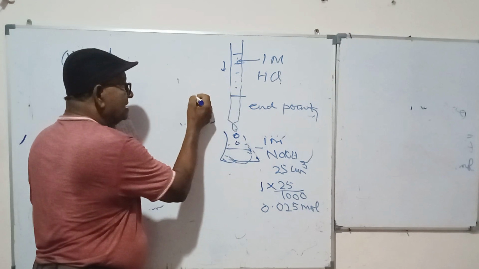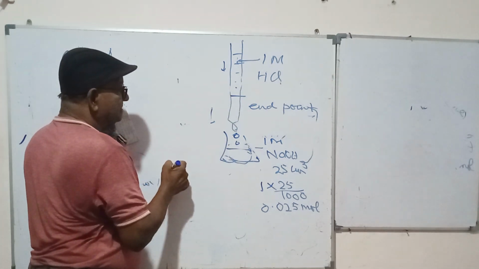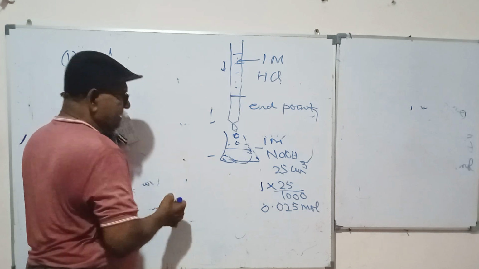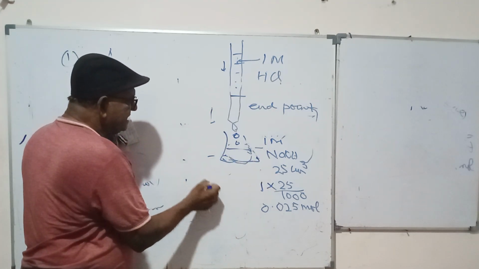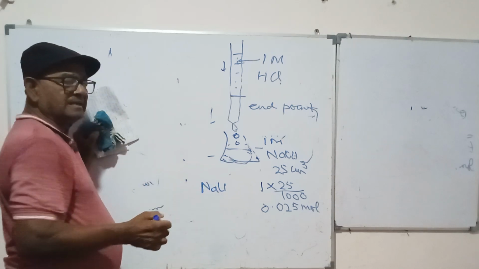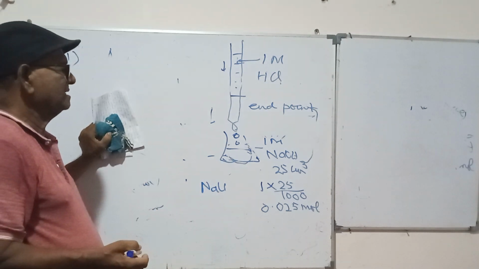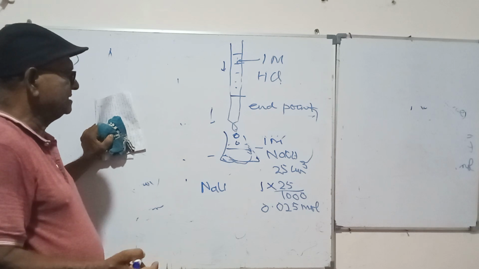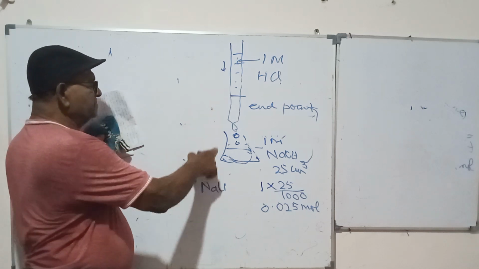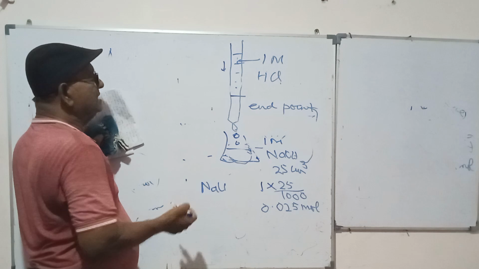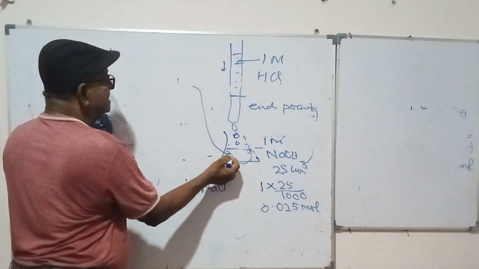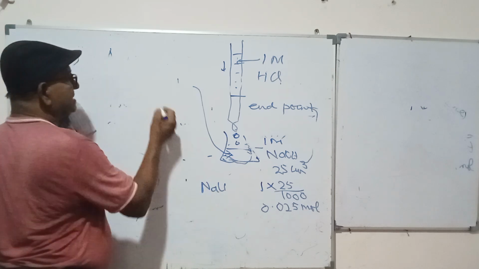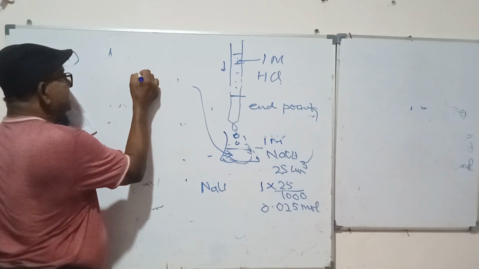HCl is colorless, NaOH is also colorless. They react to give NaCl, which is also colorless. Then how do we know whether the reaction has completed or not? So to determine that final state, we have to take an indicator.